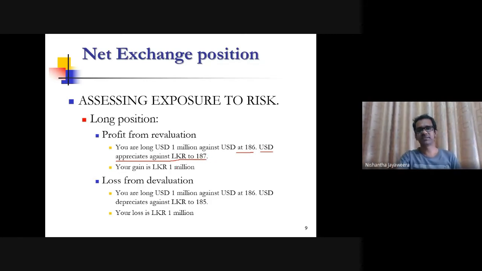The exchange rate moves from 186 to 187. The value of this excess assets in dollars will go up in terms of rupees. It is 1-to-1. A 1 rupee change in the exchange rate is a 1 rupee change in the rupee value of the dollar amount. So that will give you a gain of 1 million rupees.